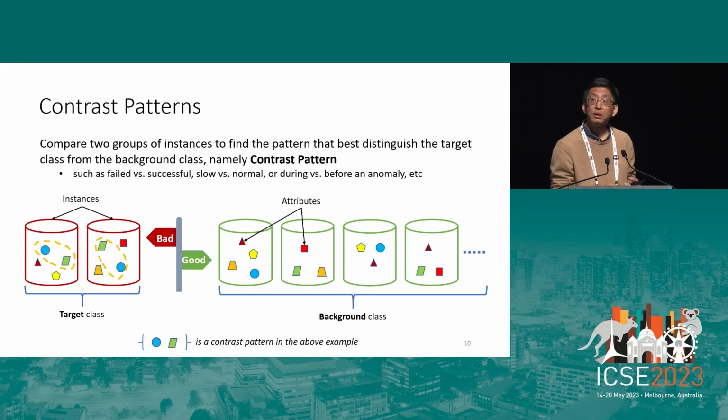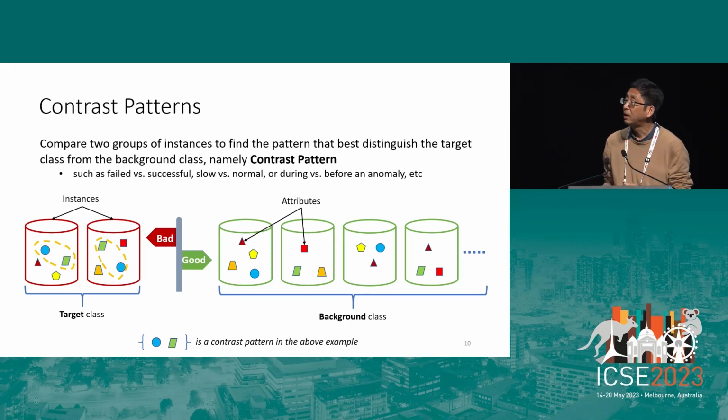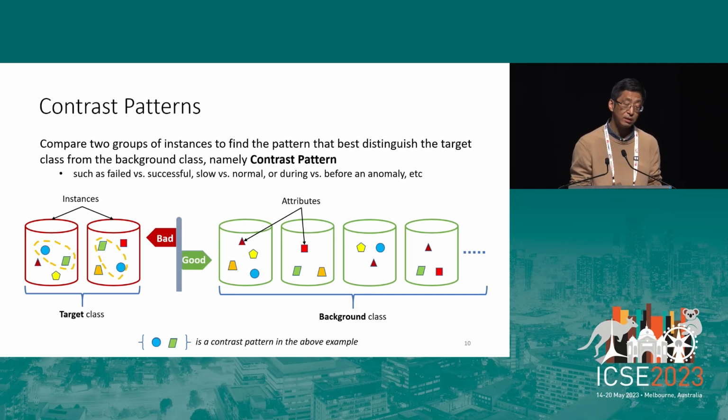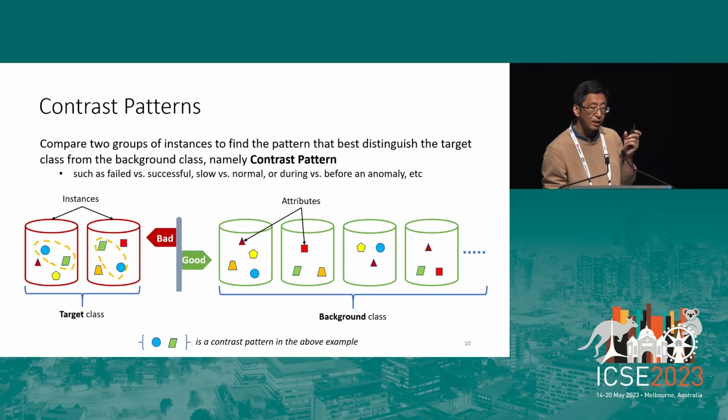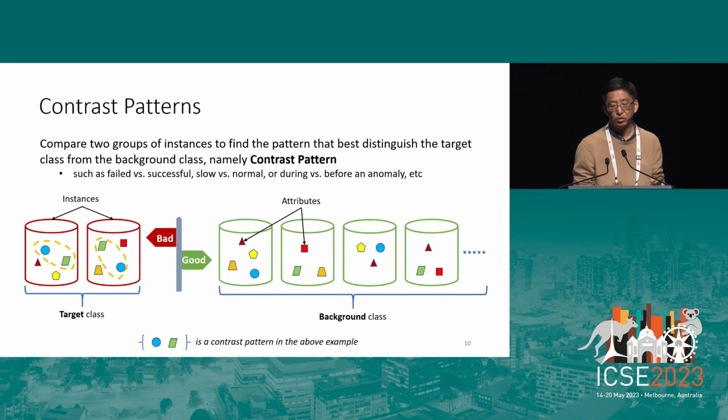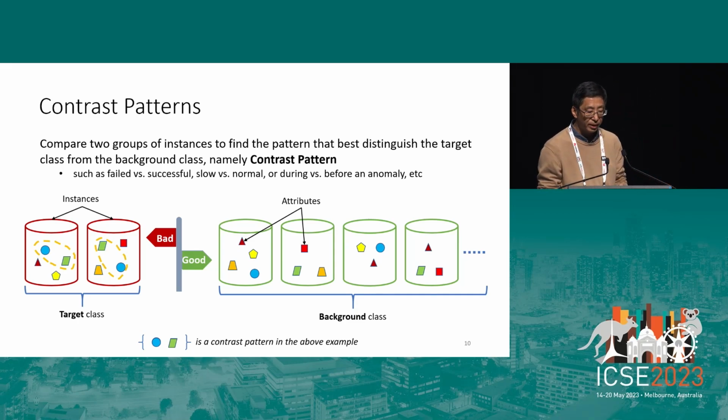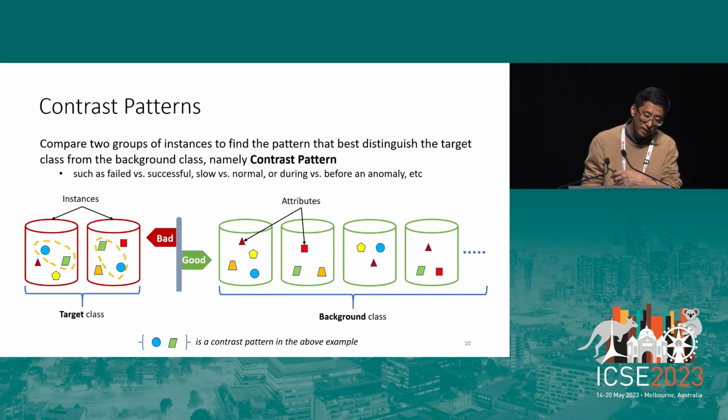So our goal is to search for a large space of attribute value combinations to locate that contrast pattern, which is actually the responsible attribute value pair. For example, in this case, the target class has this pair, then we can identify that one, and then we can locate the root cause.